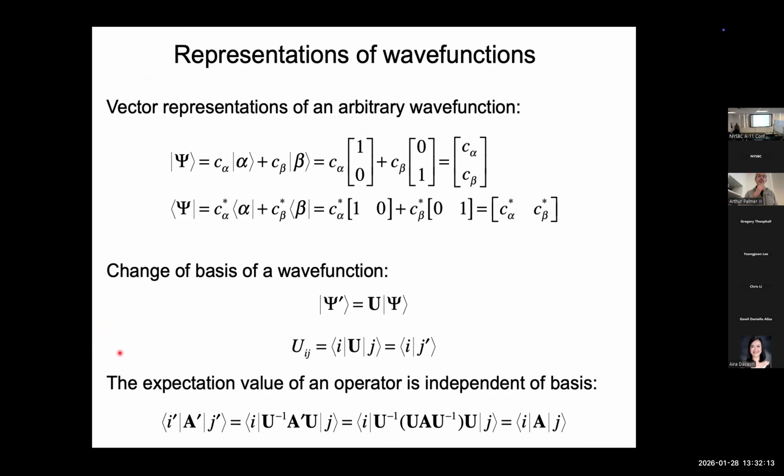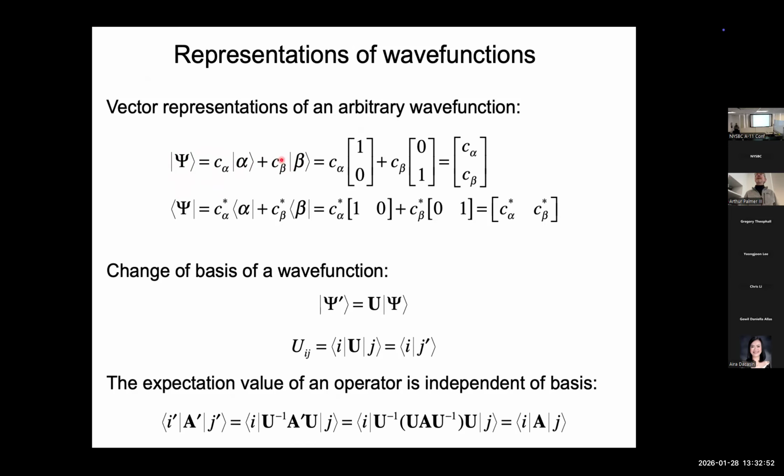Now, a key point, harking back to the first lecture, was that if we have some arbitrary wave function, we can represent it as a linear combination of a set of basis functions. And here we only have two basis functions. That's what makes life easy for NMR, alpha and beta. So any arbitrary column vector is a linear combination of these two with coefficients C alpha and C beta, which are numbers.